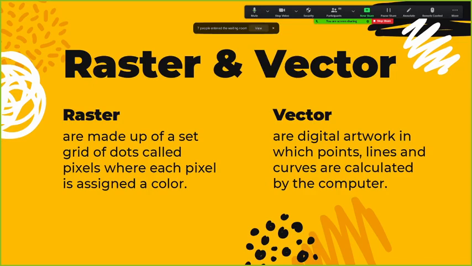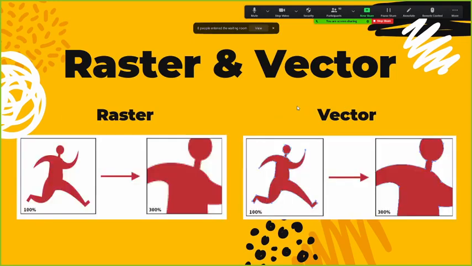Tatalakayin din natin yan. So, okay naman, no? Gets natin? So, raster is made of pixels, and vector is calculated by the computer. Kumbaga yung images or shapes are calculated by the computer. So, next.